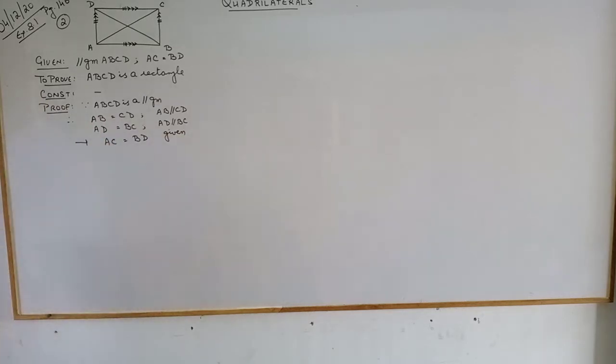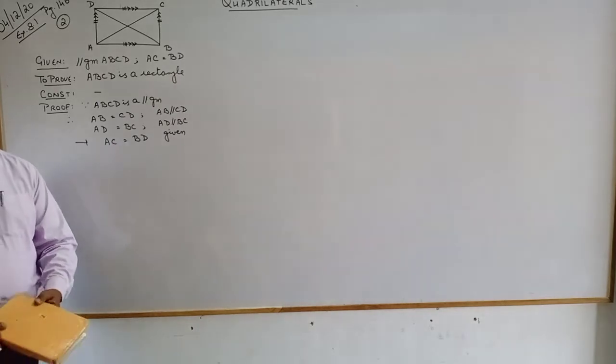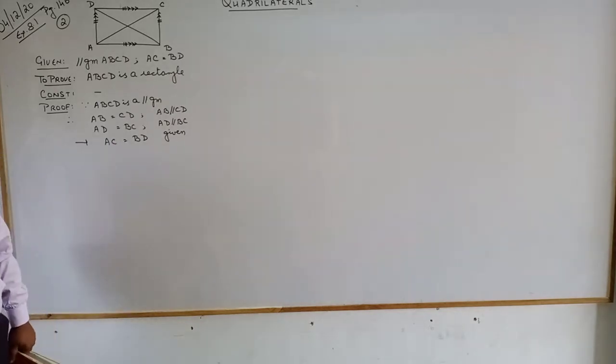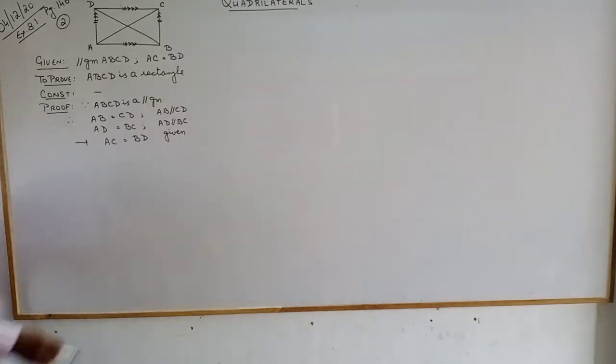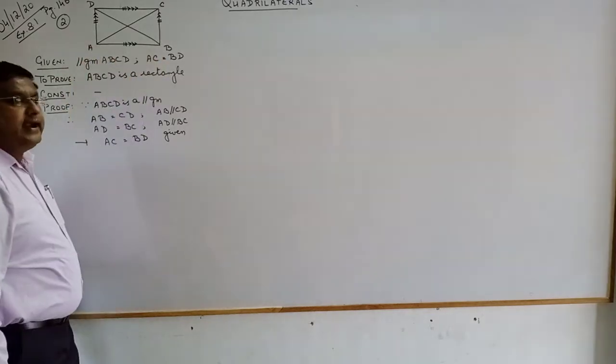Isn't it? Now, what do we need to prove? We need to prove that it is a rectangle. What is a rectangle? When the vertices are 90 degrees. So that means we need to prove that angle A and angle B are 90.